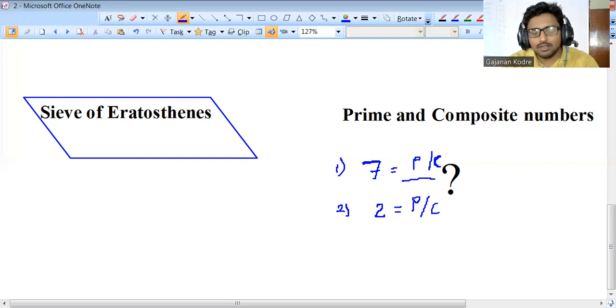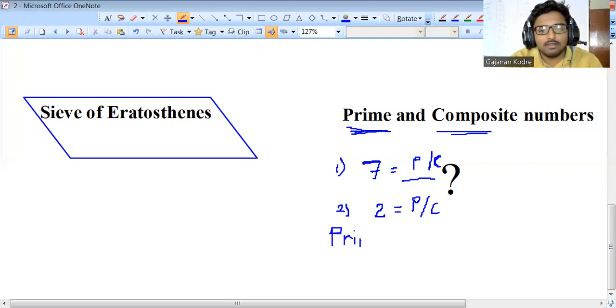Little bit confused? If yes, don't worry. I'm going to revise the concept of prime and composite numbers. Now, what is the definition of prime numbers? Prime numbers are the numbers which have only one common factor.